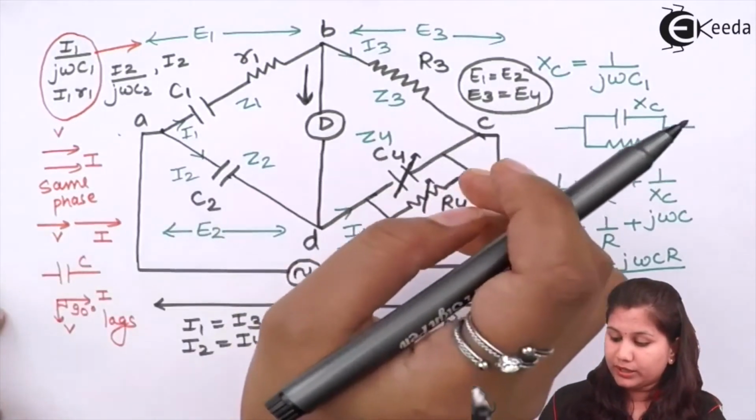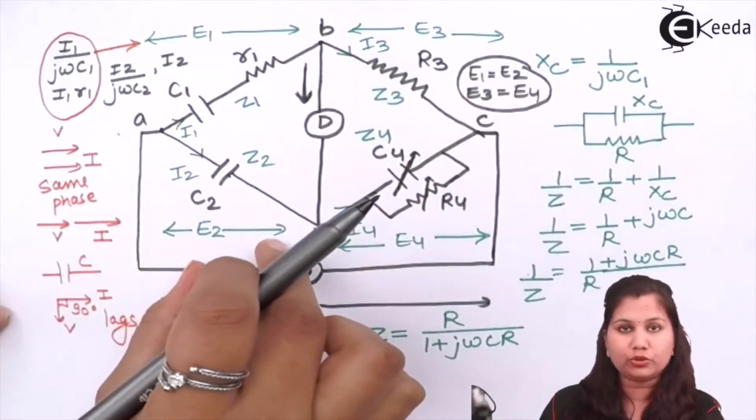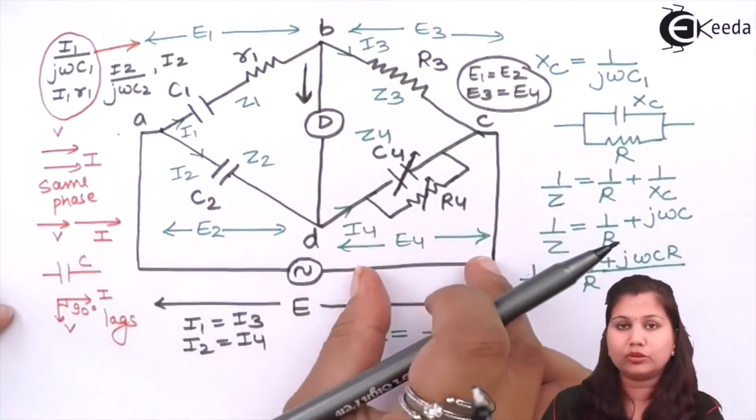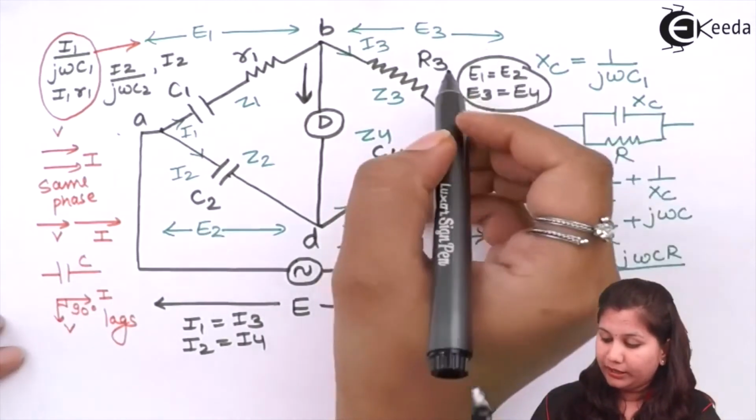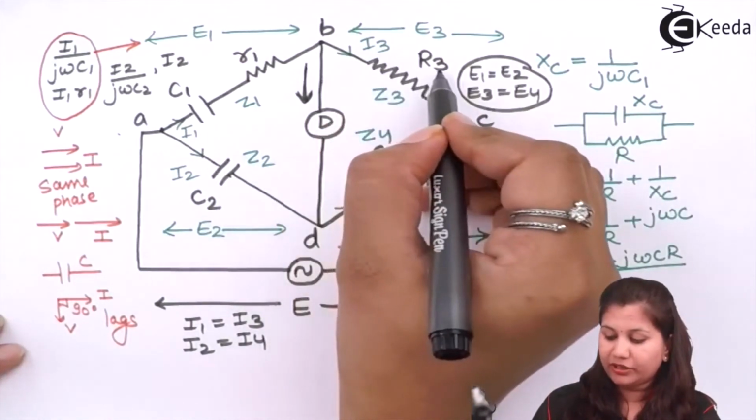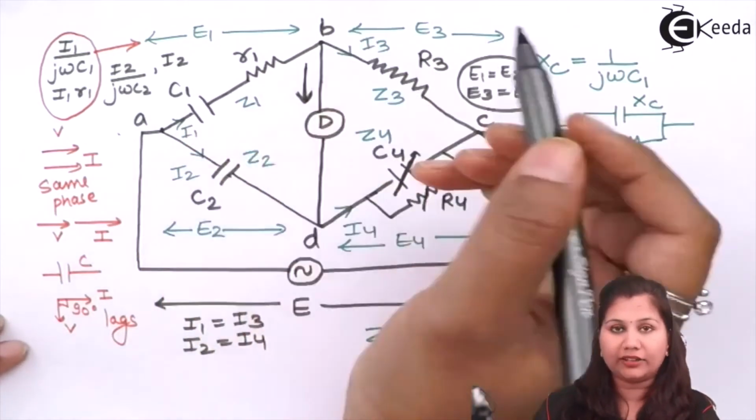Also, since E1 was equal to E2, E3 will be equal to E4. This is the condition. Now, E3 is what? I3 R3, or we can write it as I1 R3.